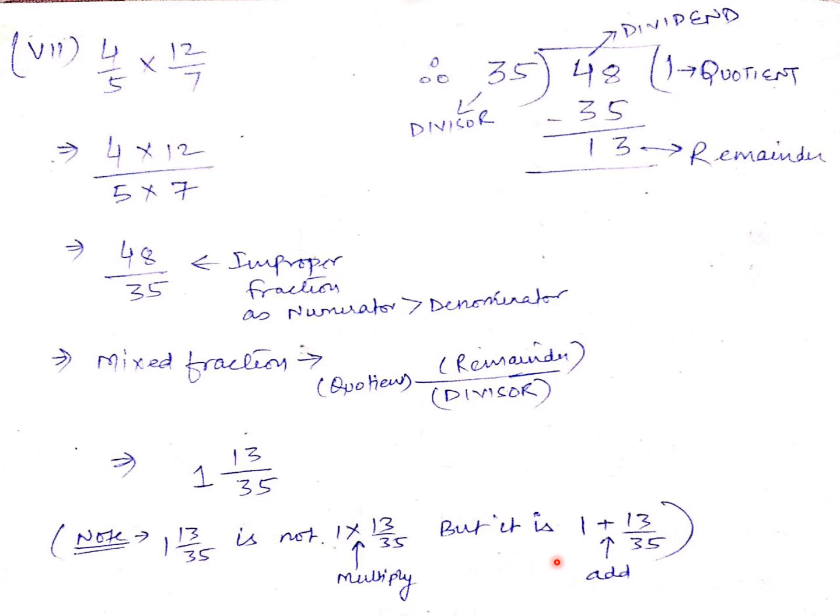It is actually 1 plus 13 upon 35. You can understand it like this: 1 complete and 13 upon 35, they are adding to give us this number 48 upon 35. Okay.